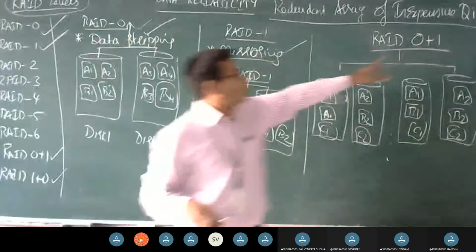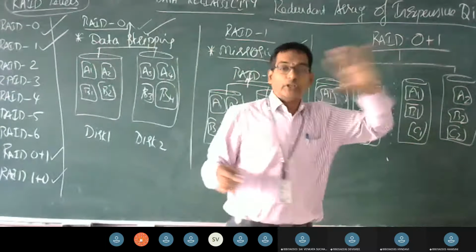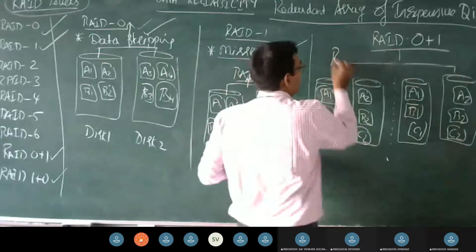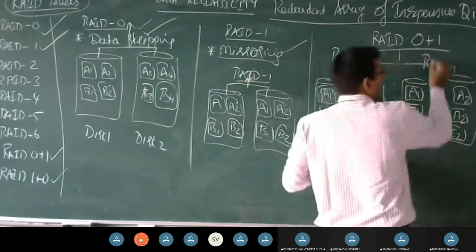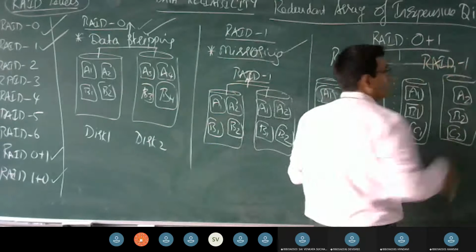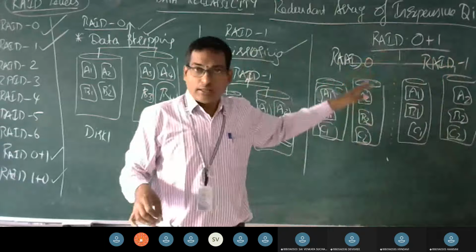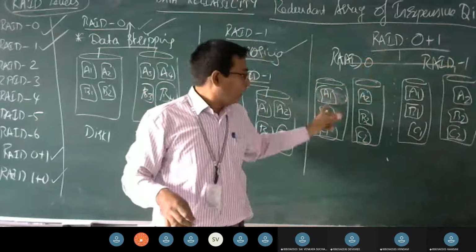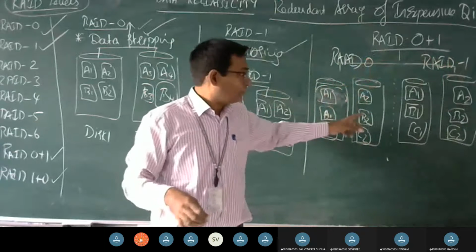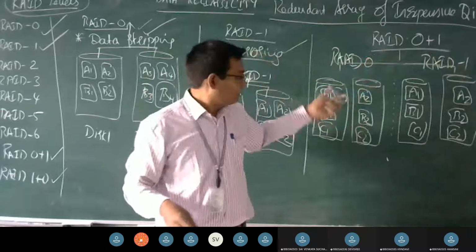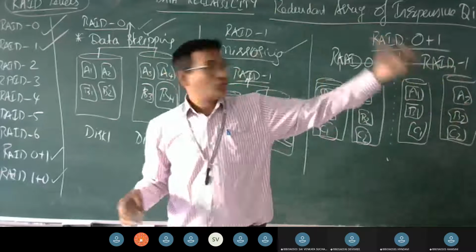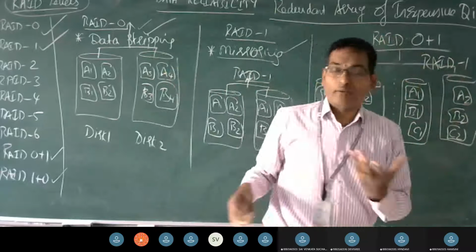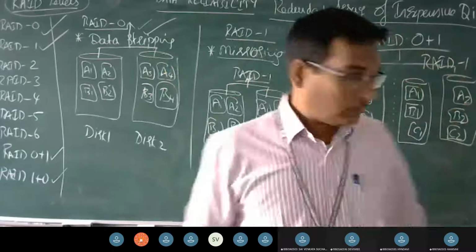So this 0 plus 1 is going to unify RAID 0 and the architecture called RAID 1. A1, A2 apply for the striping concept, and the same copy of A1, A2 is done in another approach. So that is where 0 and 1 come into the picture.